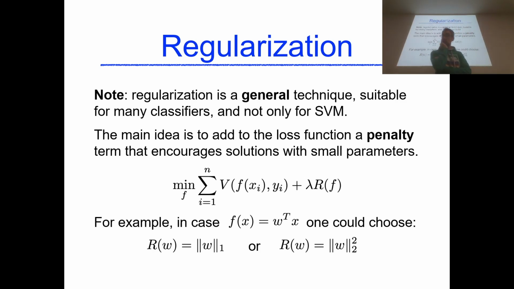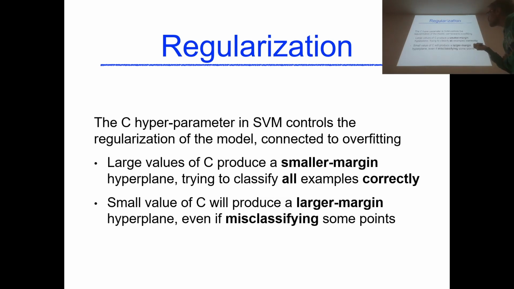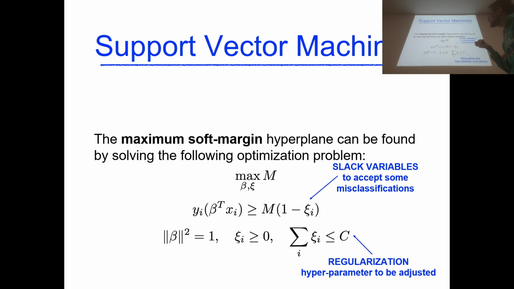We mentioned regularization in the overview slides, so these slides should not surprise you. Regularization is a general technique. It is especially used, for instance, in neural network-based methods. It is simply this general idea: anytime we have a loss function, keep in mind that the loss function of an SVM is basically the opposite of this one.